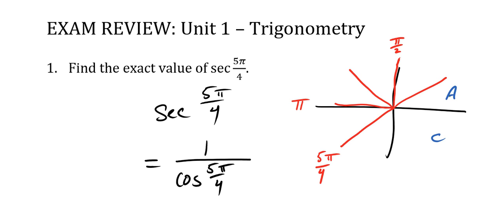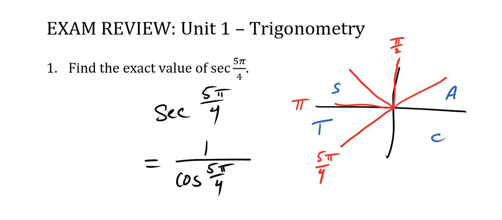Why do we use the CAST rule? What does the CAST rule tell me? Yeah, where each of the 3 primary ratios, and therefore reciprocal ratios, is positive or negative, right? So cosine is positive there, sine is positive there, the other ones are negative. Tan is positive in the third, the other 2 are negative. They're all positive in the top quadrant.